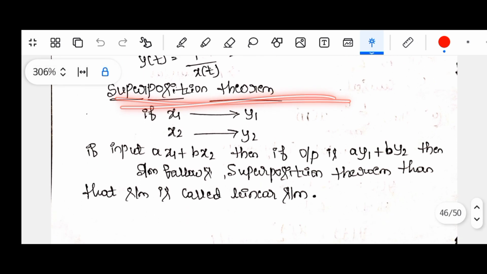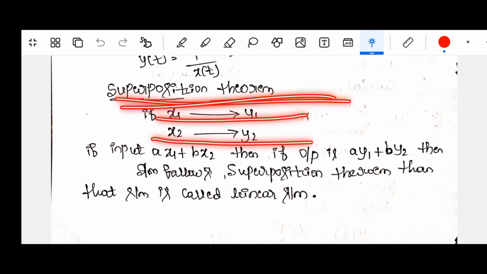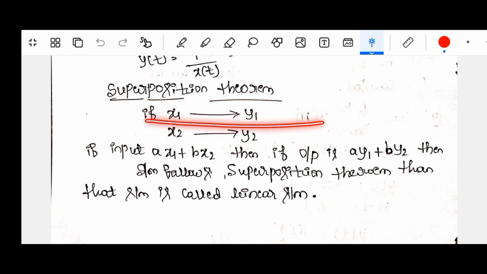Superposition theorem: if input x1 gives output y1, and x2 gives y2, then if the input is a times x1 plus b times x2, and the output is a times y1 plus b times y2, then the system follows the superposition theorem.